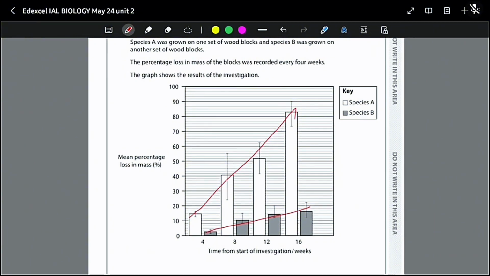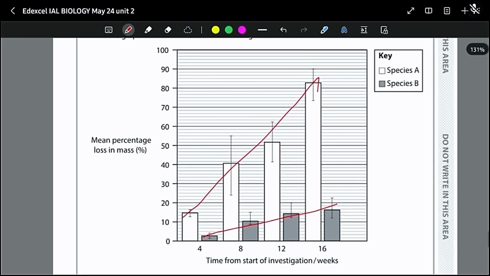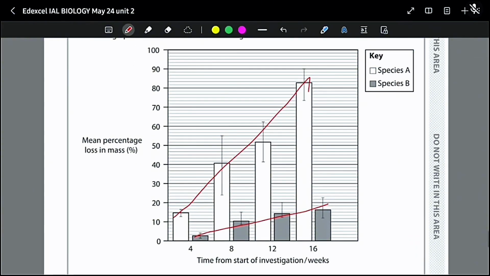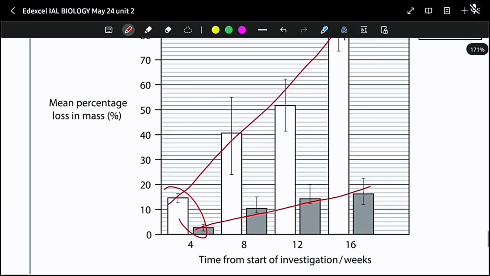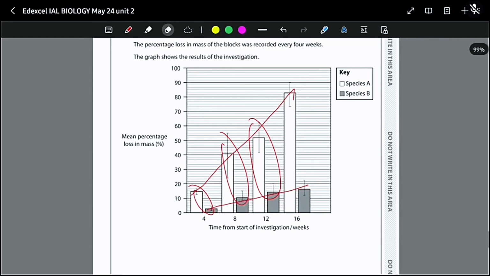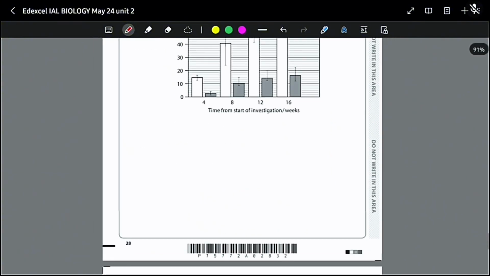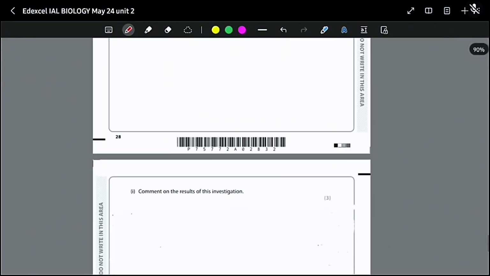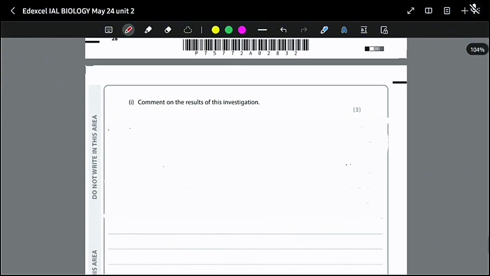So the error bars do not overlap. You can see the error bars not overlapping. So they show that there is a significant difference between the two species, okay? The error bars for each of them never overlap. So we can say that there is a significant difference between the two species. So whenever error bars do not overlap, there's a significant difference.